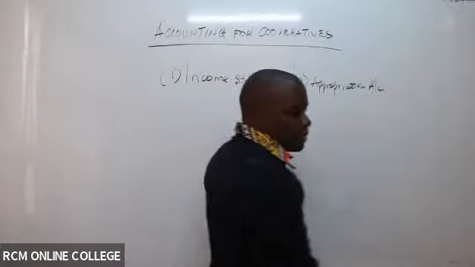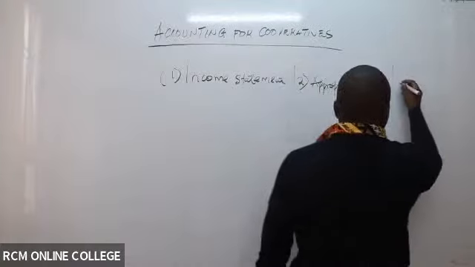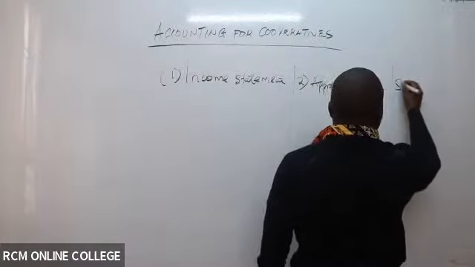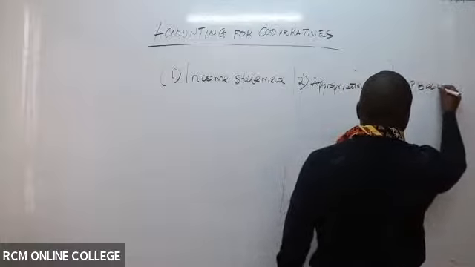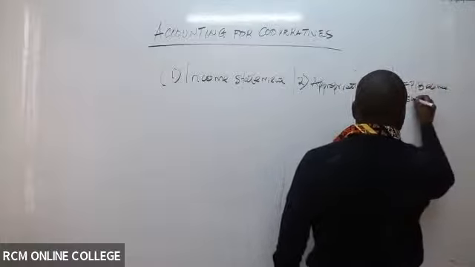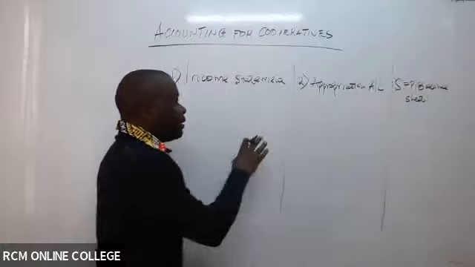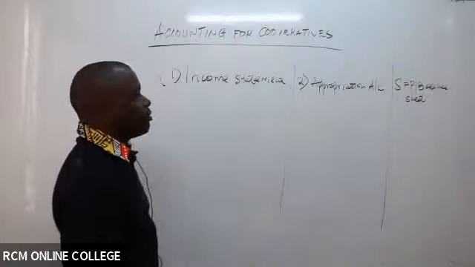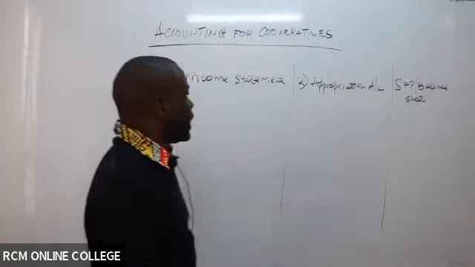Then number 3, quite obviously, we'll have what we call the balance sheet, or the statement of financial position. We refer to it as the balance sheet. So these are the 3 major books of accounts, or financial statements, to be maintained by a cooperative society.